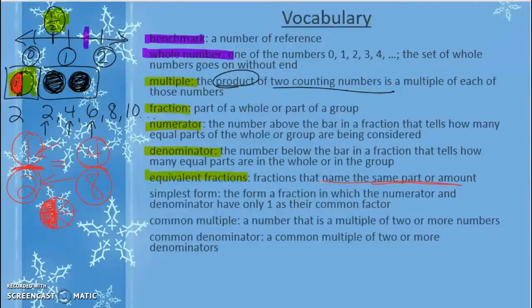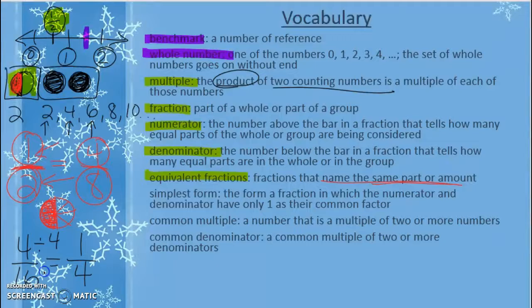Then if we were to write a fraction in its simplest form, for example, if I had 4/16, there is a simpler way to write that, and that would be as 1/4. And how did I do that?